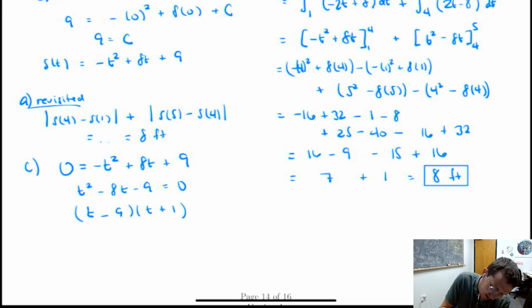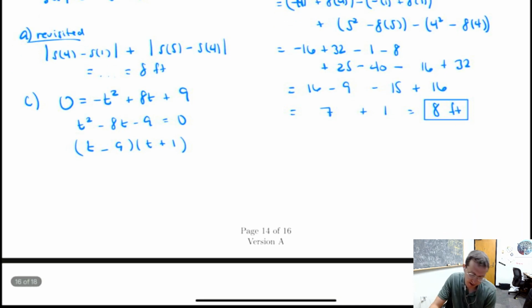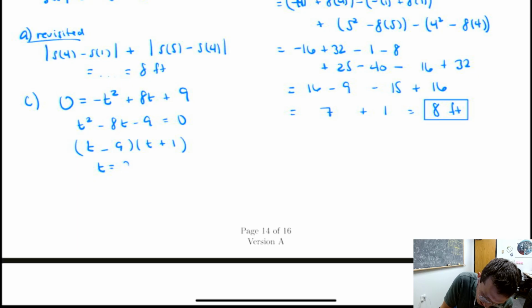This factors as t minus 9 times t plus 1, so t is 9, or negative 1. Negative 1, of course, doesn't make sense because it started moving upward from the top of the cliff at time 0. So after 9 seconds, it will reach the bottom.